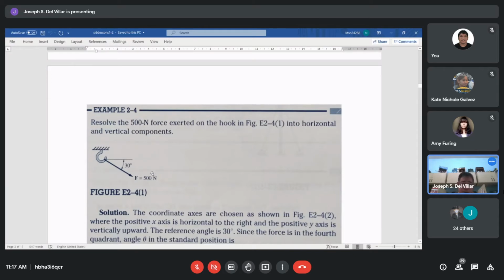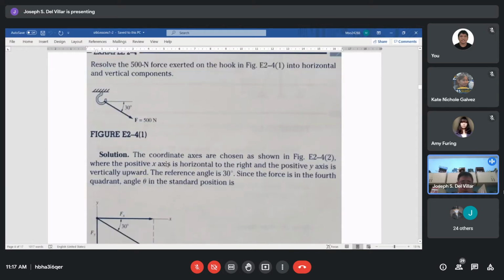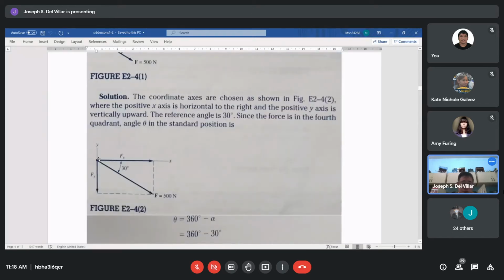Now, you need to draw a free body diagram for this using the hook and the tail of the force as the origin. Here it is. So this is the original force, 30 degrees below the positive x, in the fourth quadrant. Now we are to resolve this force into its x component and y component.